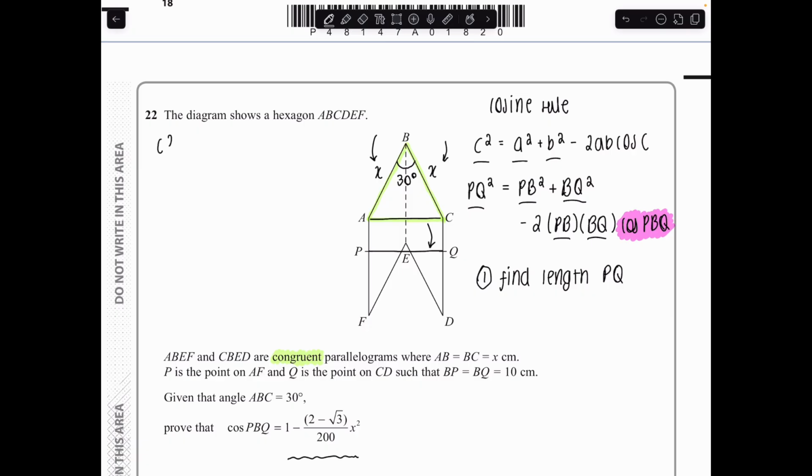So in that case, c squared is equal to a squared plus b squared minus 2ab cos C. Now in this case, c is going to be AC squared. Then a squared is just going to be x all squared. B squared is just going to be x again all squared. Then we have minus 2 lots of x times x, cos of 30.